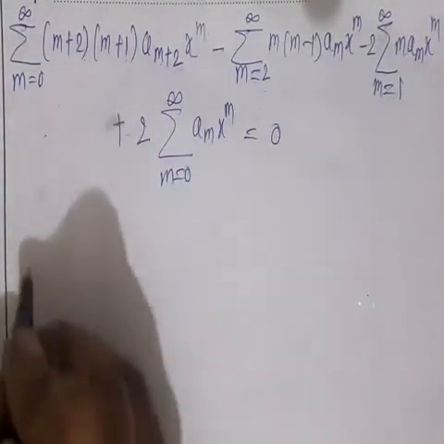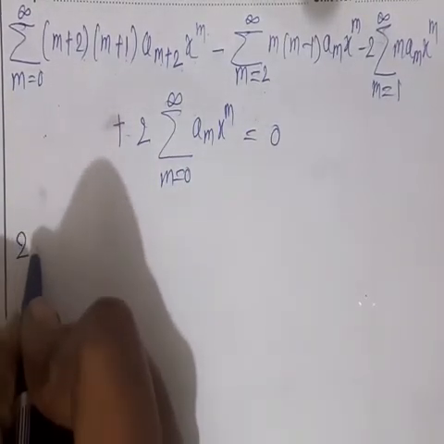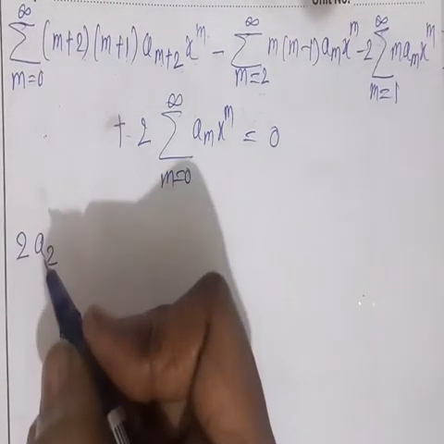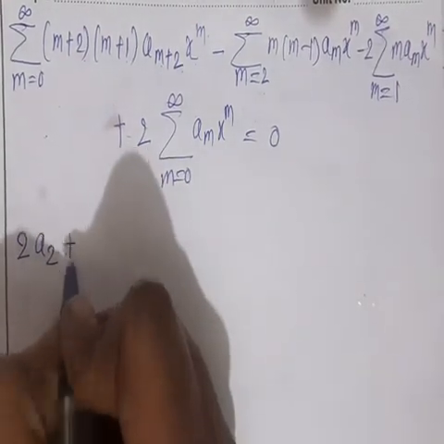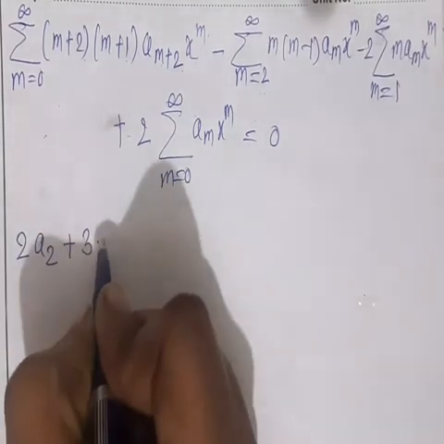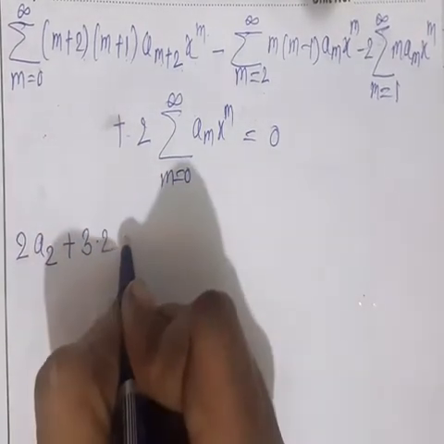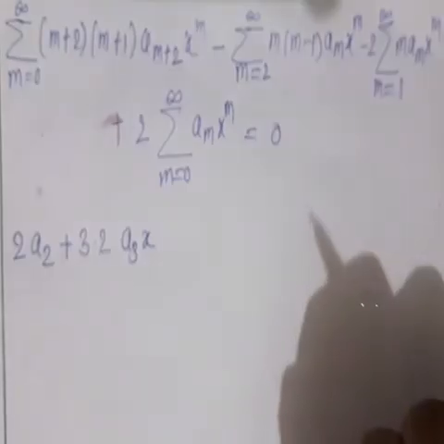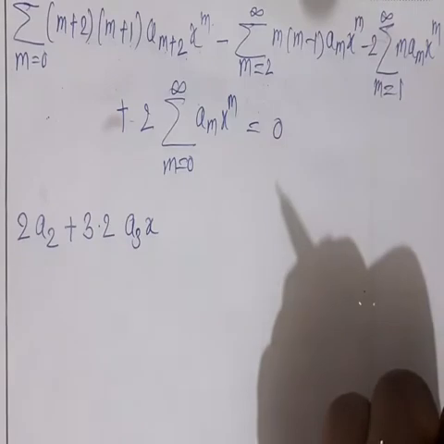So it is 2a2, plus the next term, m is equal to 1: 3 multiplied by 2 multiplied by a3 and x to the power 1, so it is x.